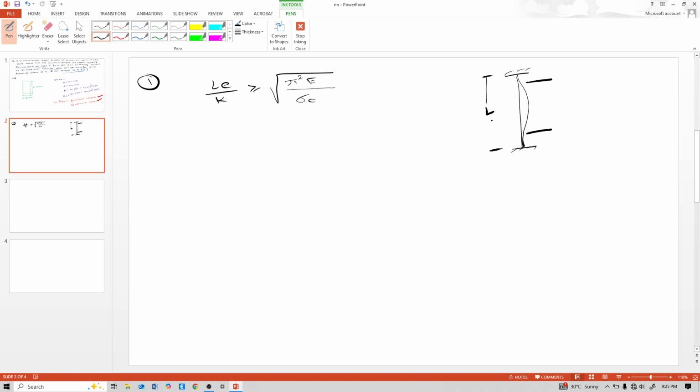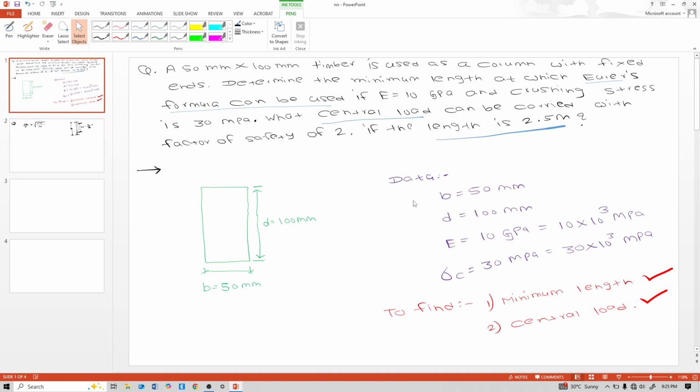Actual length is denoted as L, and the distance between points of contraflexure is the effective length. So effective length is equal to actual length by 2. We had seen it in our previous lectures. And the actual length here, they have not given us the actual length.